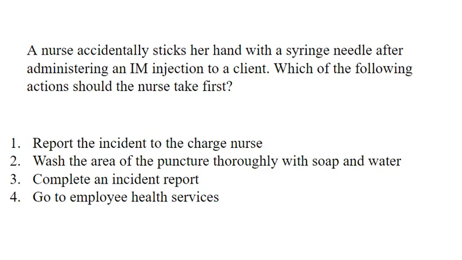And go to employee health services is important too, but we do have one thing that will help the patient the most in this particular situation: wash the area of the puncture thoroughly with soap and water. So even though the other answer choices are important to do, the best answer here is number 2.